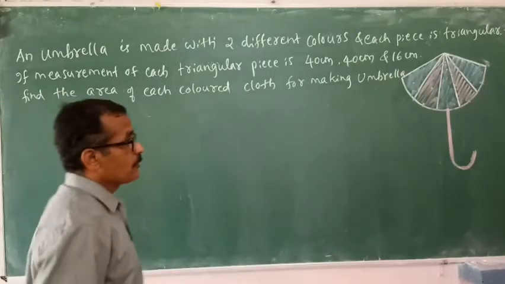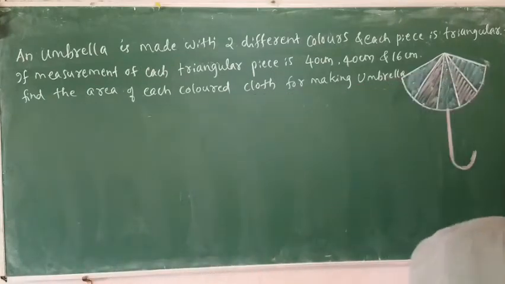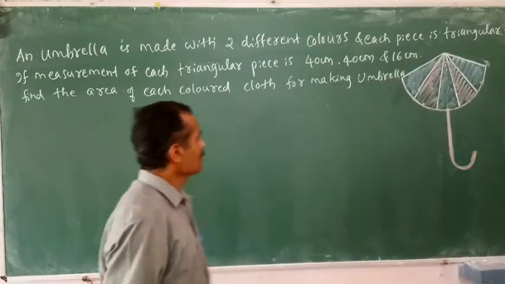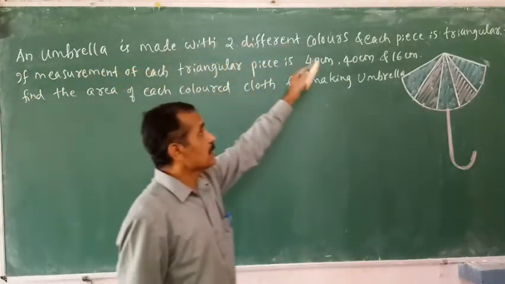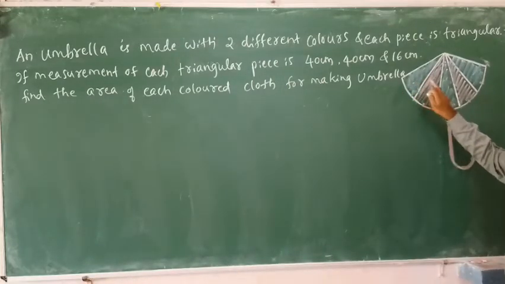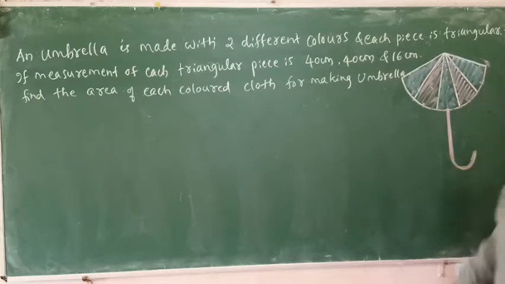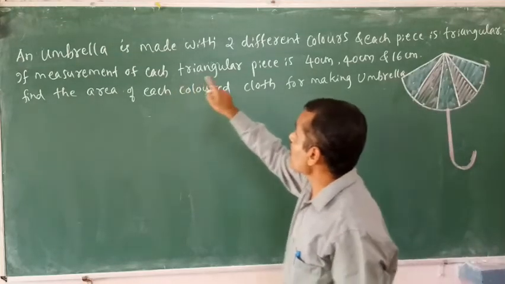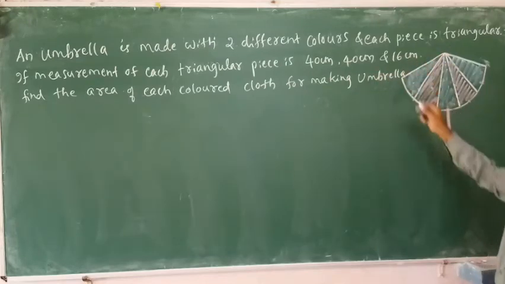Okay, students. Let us go for one more problem. It looks to be a very simple one. Let me explain. An umbrella is made with two different colors. 16 centimeter.